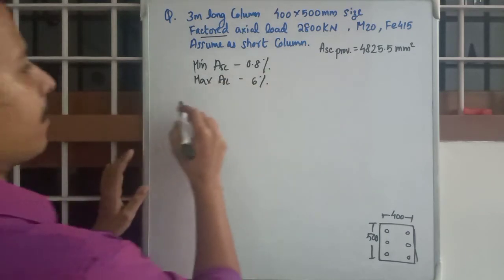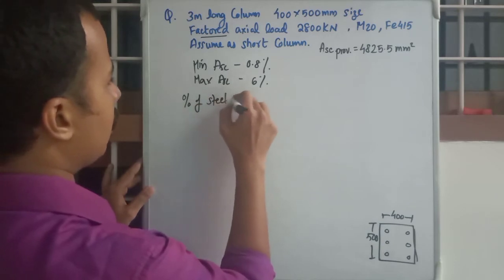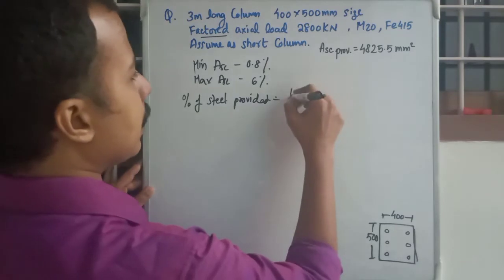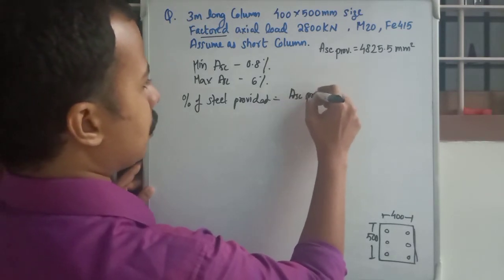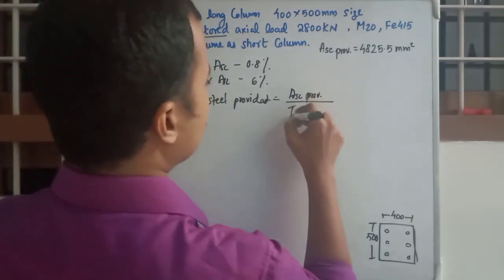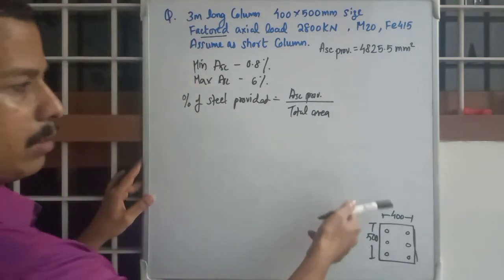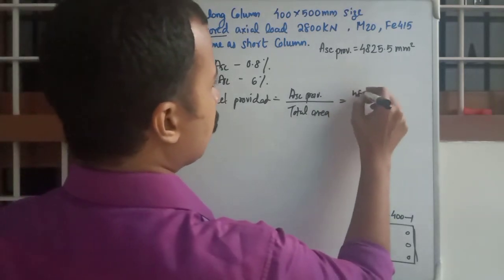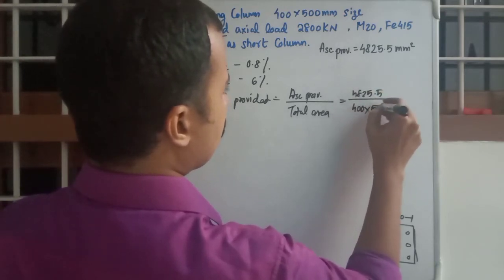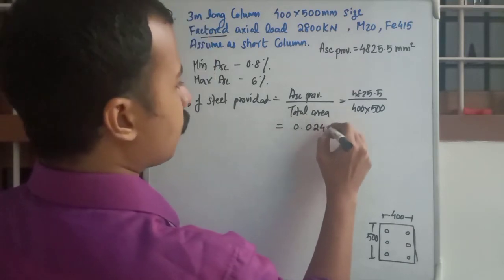Okay, so we will just calculate the percentage of steel provided, that is equal to ASC provided divided by gross area or total area, that is 4825.5 divided by 400 by 500, that will give you 0.024.